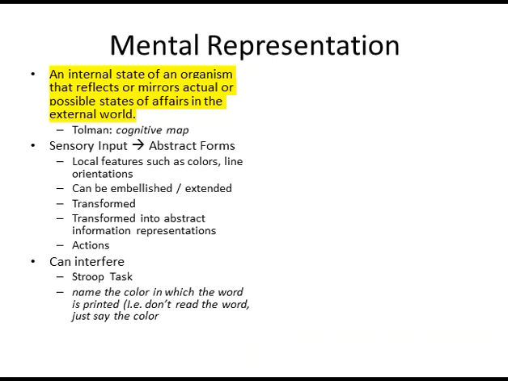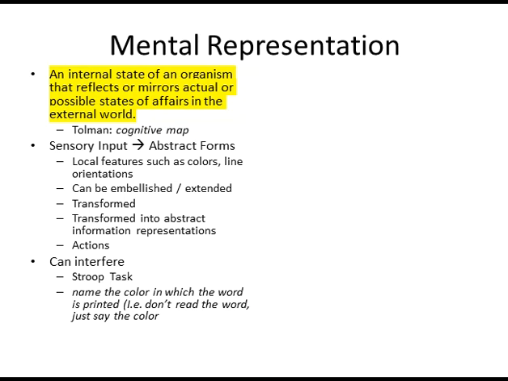So another idea is mental representation, an internal state of an organism that reflects or mirrors actual or possible states of affairs in the external world. Again, what we're seeing here is something very subjective in nature, something that we cannot objectively examine.